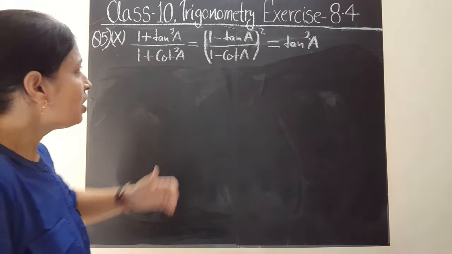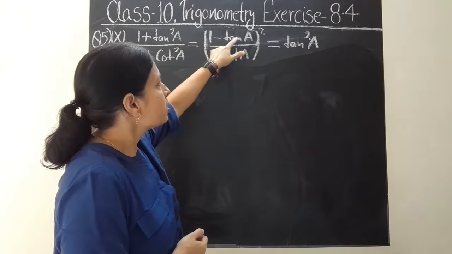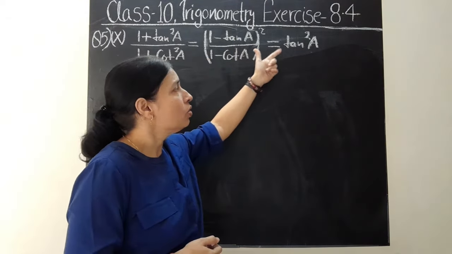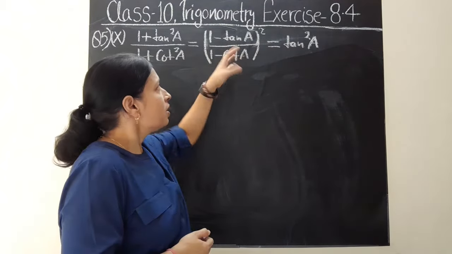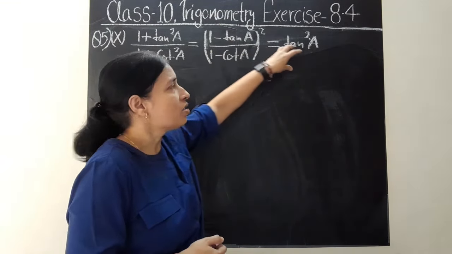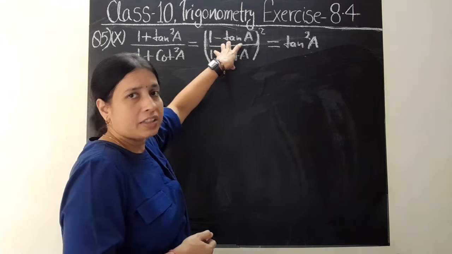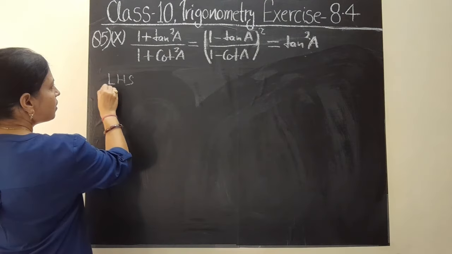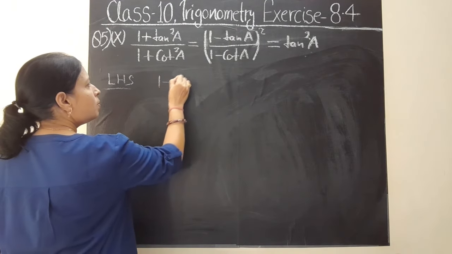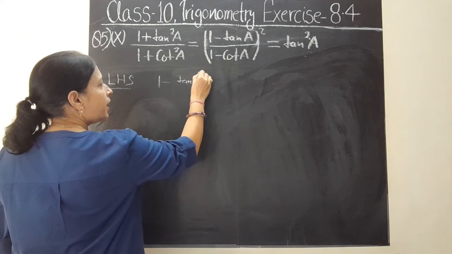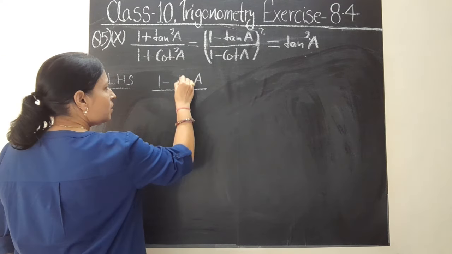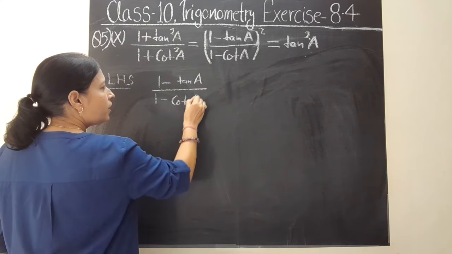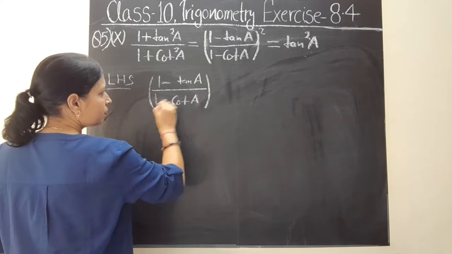So here we have also proved that 1 minus tan a divided by 1 minus cot a whole square is equal to tan square a. So this one is LHS and this one is your RHS. So take this LHS. So write here LHS. Now LHS is 1 minus tan a divided by 1 minus cot a whole square.